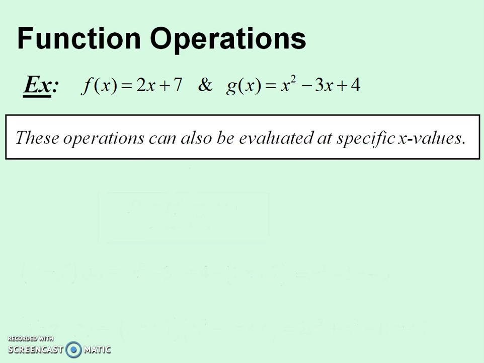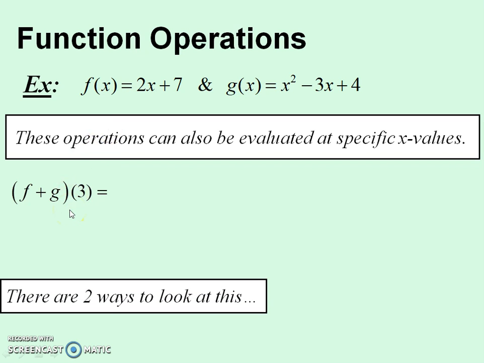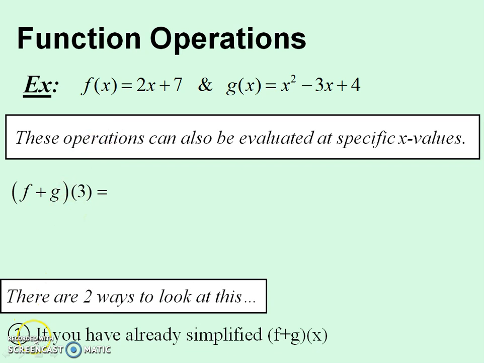And finally, what I can do is I can take these new functions and evaluate them at a particular x value. So f plus g of 3 means taking the new function, f plus g of x, and figuring out its value, meaning its y value, when x is 3. There are two ways to look at this. The first way is if you already have a simplified f plus g of x.